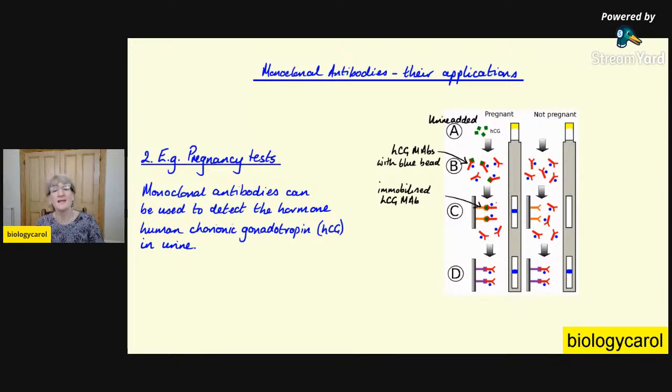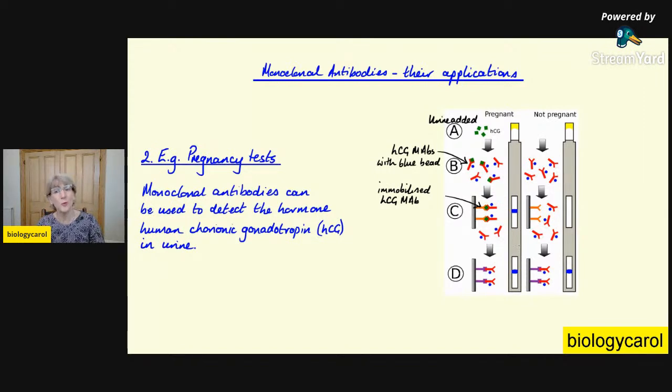Does it make sense that then a whole complex is formed, sandwiching together the immobilized monoclonal antibody, the hormone, and the blue bead? A blue line appears in the first window. This is kind of saying that the woman is pregnant.